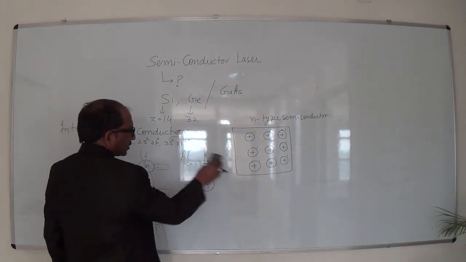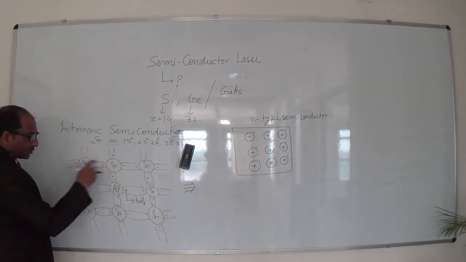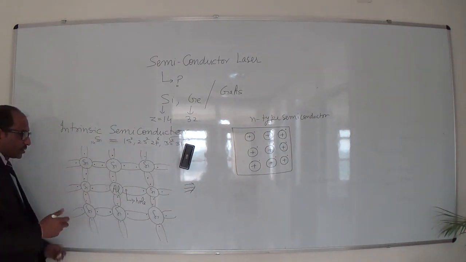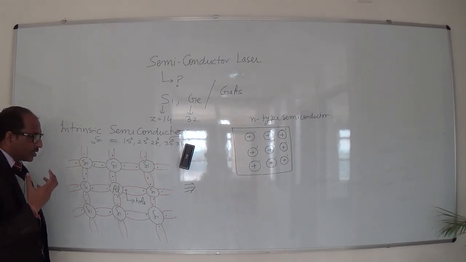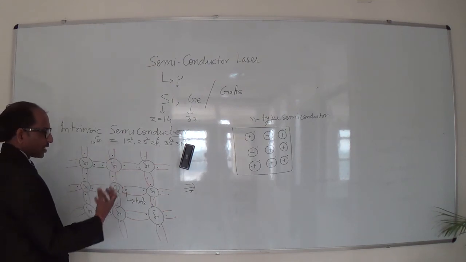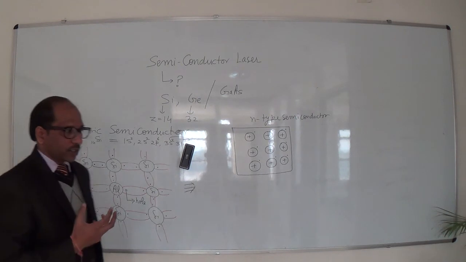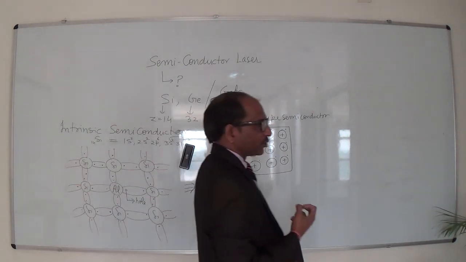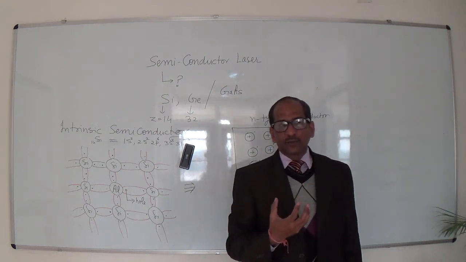So this is the representation of this particular structure, where I have considered aluminum as an impurity for the p-type semiconductor material. Is aluminum a donor impurity or an acceptor impurity? Aluminum is an acceptor impurity.